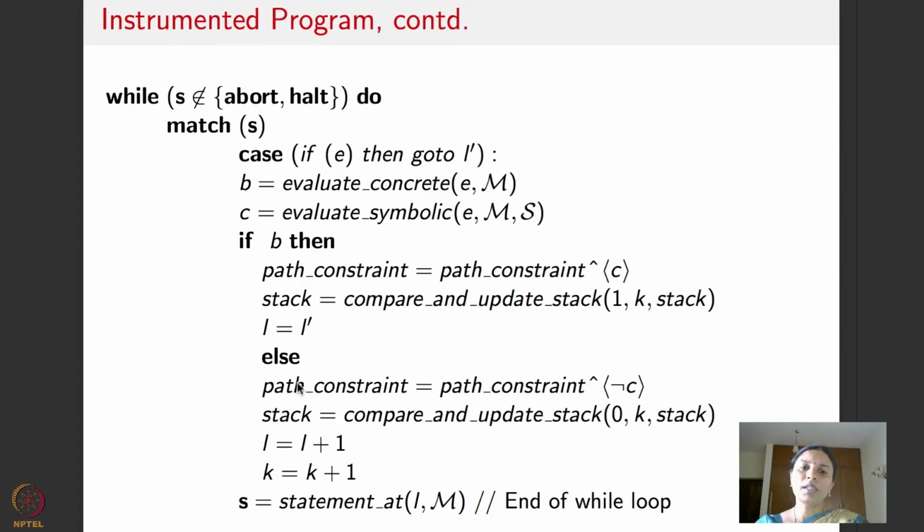If B is false, then the else path is taken by the program. So if B is true, then it already has a path constraint which it has initialized here. It will go ahead and add the condition that it got by symbolically evaluating it to the path constraint. Read this as whatever the path constraint was earlier, now C is added to it with an AND.